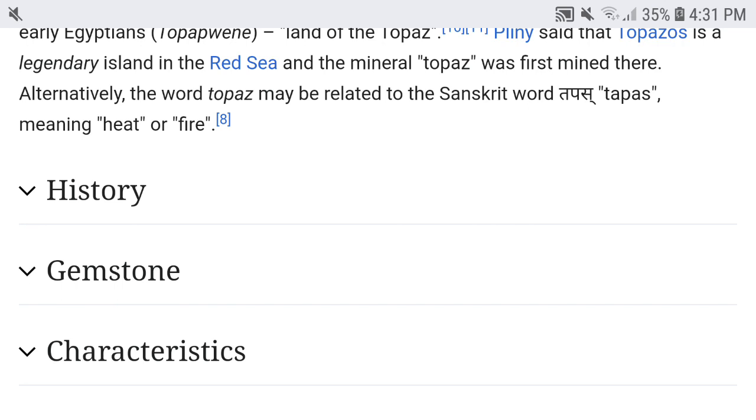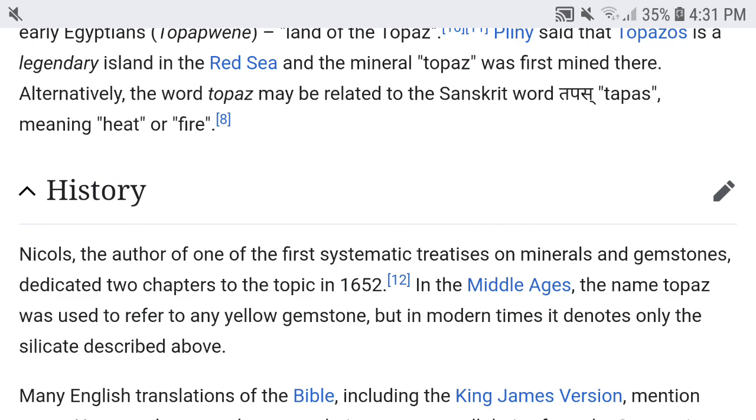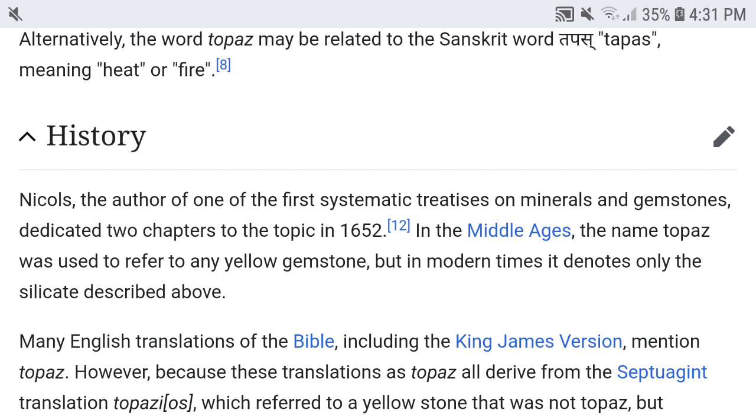Okay, that's interesting. In history, we have Nichols, the author of one of the first systematic treatises on minerals and gemstones, dedicated chapters to the topic in 1652. In the Middle Ages, the name topaz was used to refer to any yellow gemstone, but in modern times it denotes only the silicate described above.